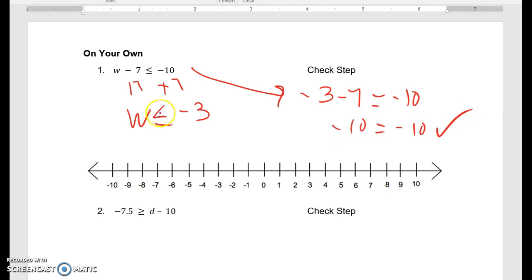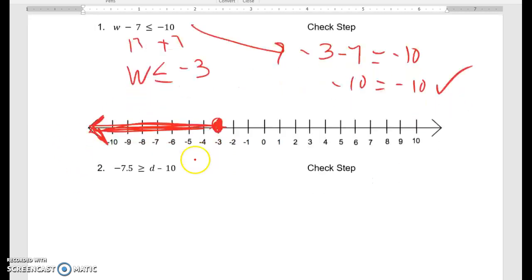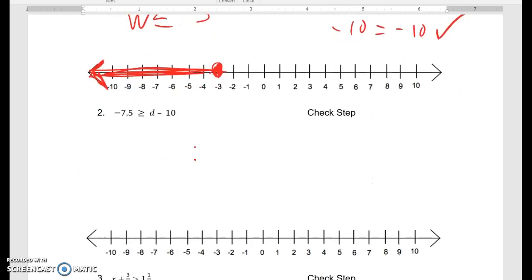We're good. All right, closed dot because we have that equal to sign. Closed dot on -3. Our W is our variable, so all values that are less than -3. So you're going to shade to the left, and then don't forget your arrow. Try to make it neater on your paper. It's kind of hard to show you on the computer.